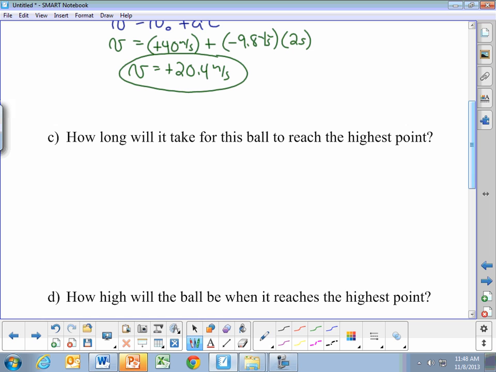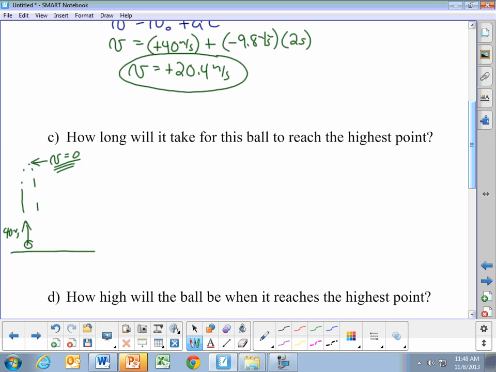How long will it take for this ball to reach the highest point? It's still the same ball thrown upwards at 40 meters per second, and it's going to go up. At this highest point, the most important thing to know is that when it reaches the highest point, the velocity is 0. You have to understand that it stops going up before it can start coming back down.